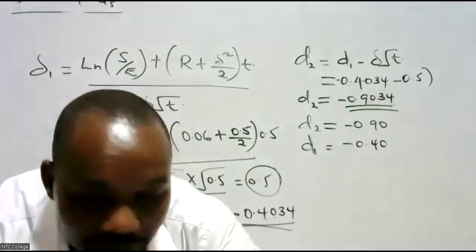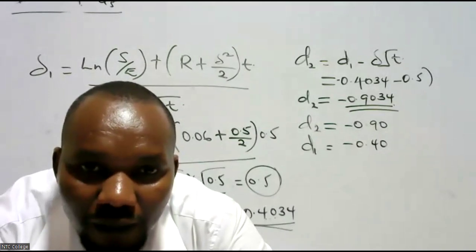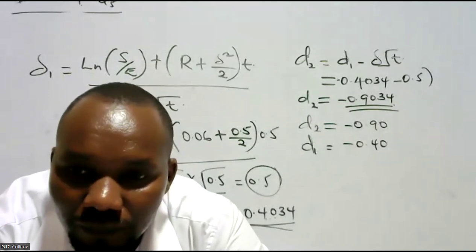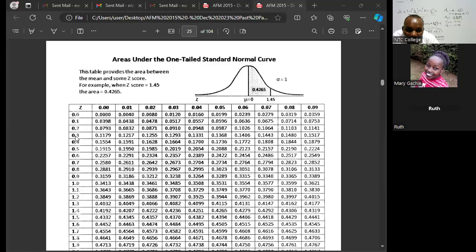If you ignore the negative sign, you'll find a figure that looks like this. So we have 0.4. Then what is after 0.4? This one. But the other one was how many decimal places?